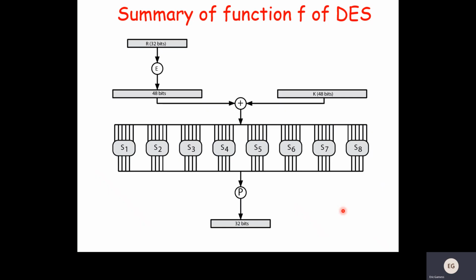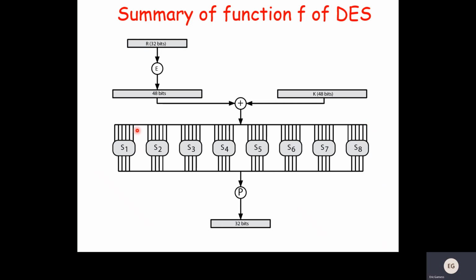So another way to see that is this way. I take the 32 rightmost bits of the previous iteration, which is R sub i minus 1. I expand them with the expansion table. They become 48 bits. I take the key of the iteration, which is K sub i. I XOR them. The result is 48 bits. I break the 48 bits into 8 blocks of 6 bits.